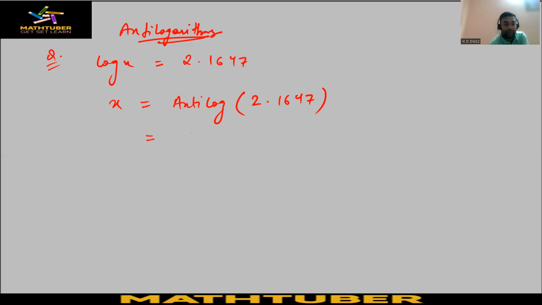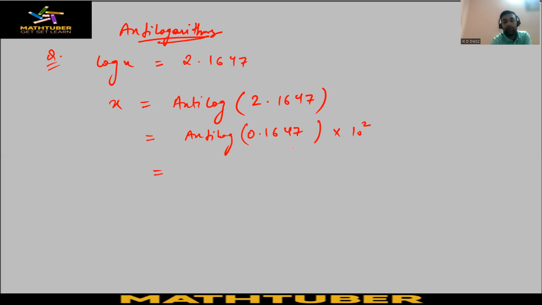So we have to basically find out the answer for 1647, right? So basically it will be anti-log of 0.1647 into 10 raised to power 2 because this will become the power of 2 here.